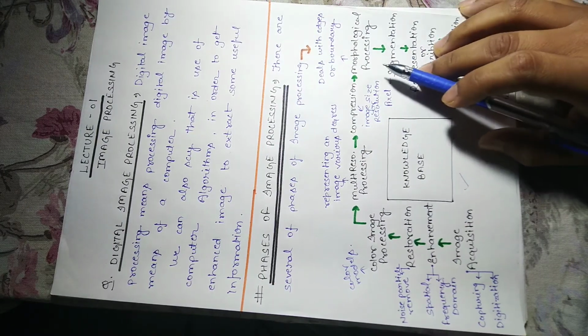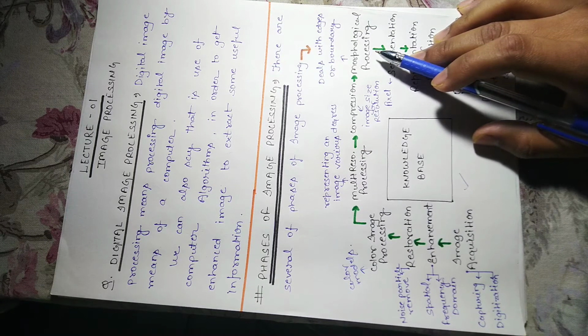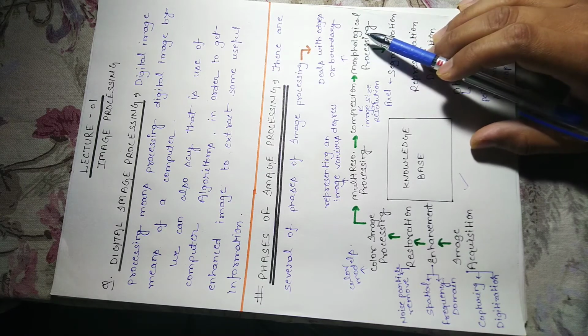Okay, and the next step is morphological processing. Morphological processing deals with the edges or boundaries of the images, or extracting useful components.